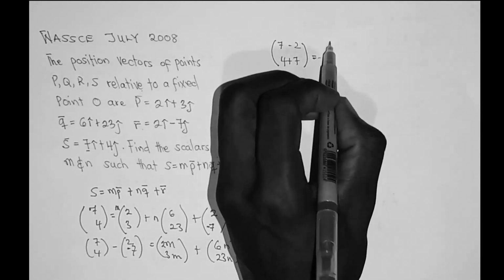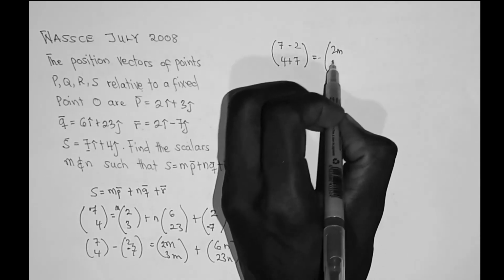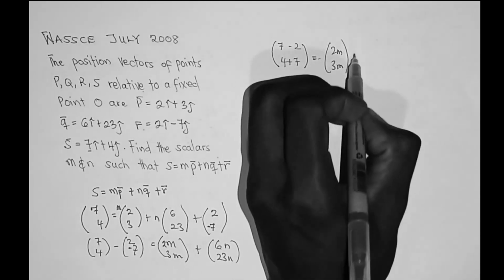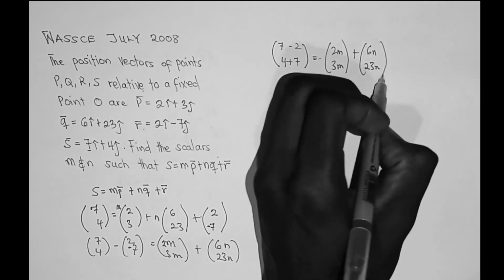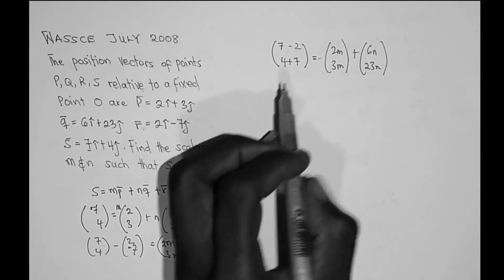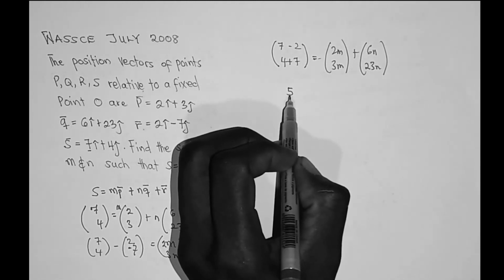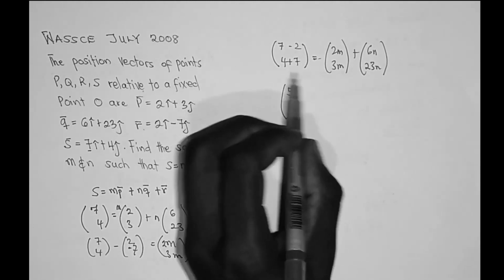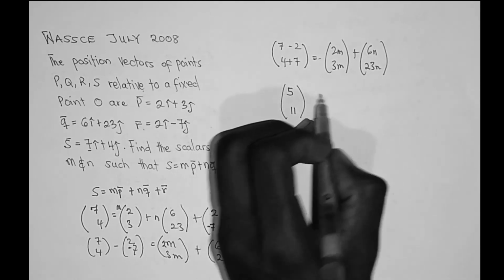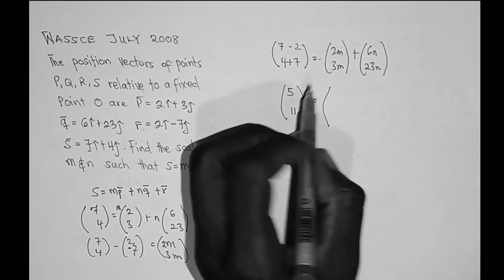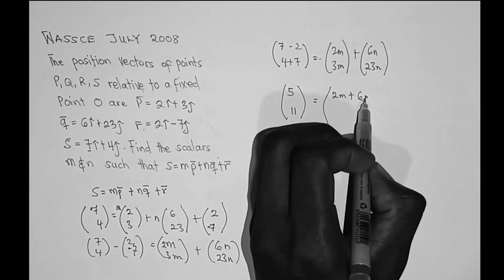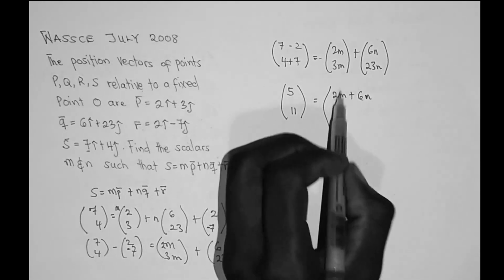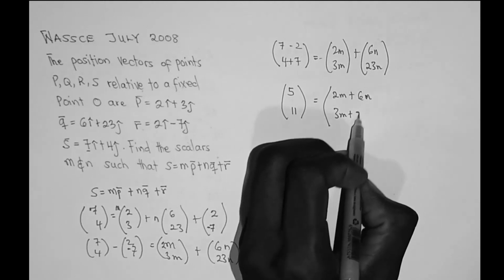And this is equal to 2m, 3m plus 6n, 23n. So 7 minus 2 is 5. And 4 plus 7 is 11. This is equal to, in one bracket, 2m plus 6n, then 3m plus 23n.